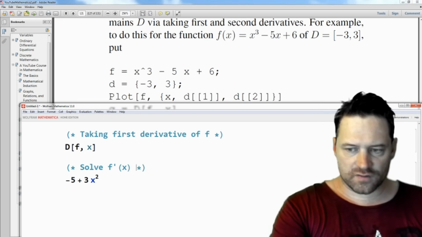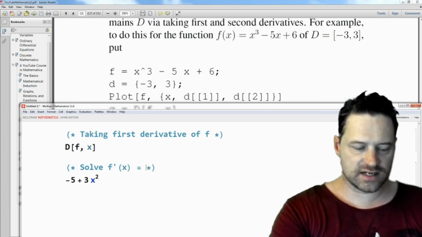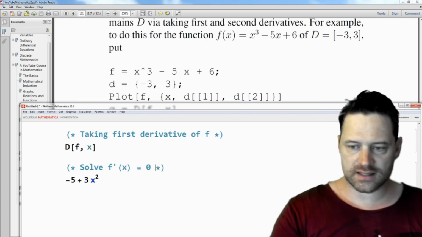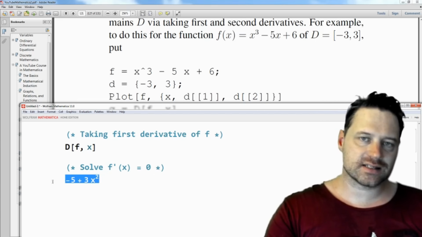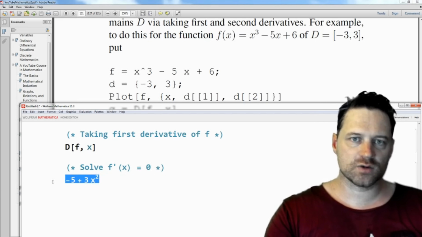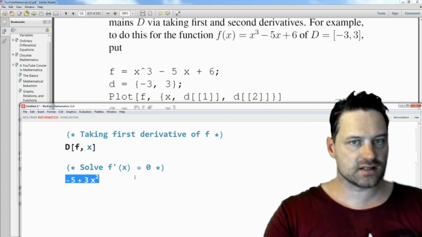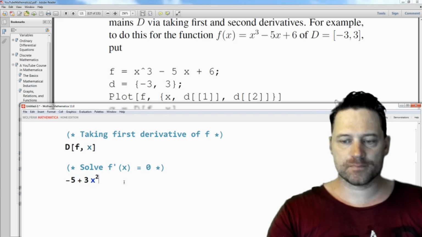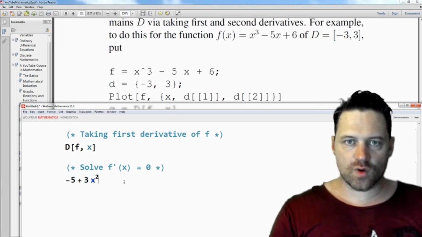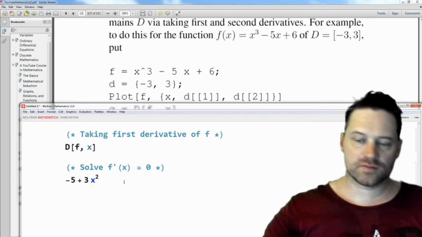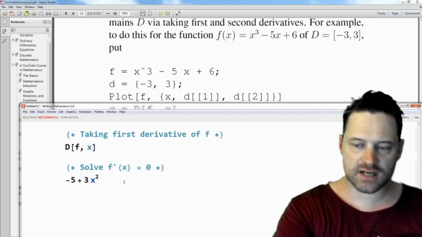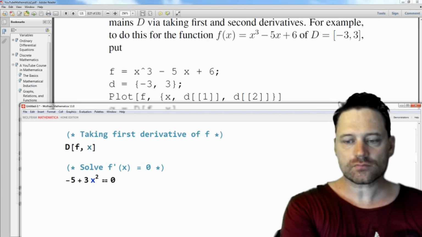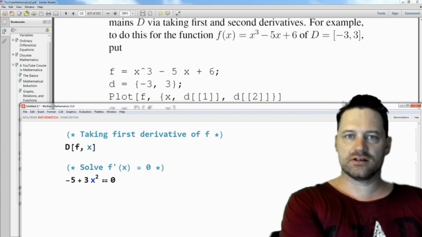So we're solving this equals 0. Now this is just a simple quadratic, so of course you can solve this the usual way by hand. You move the 5 over to the right hand side of the equation, you divide by 3 and you take a square root.